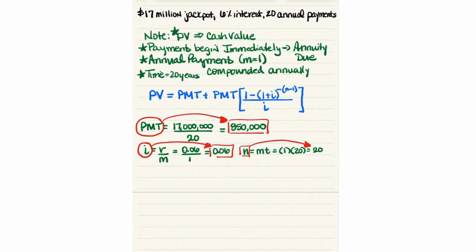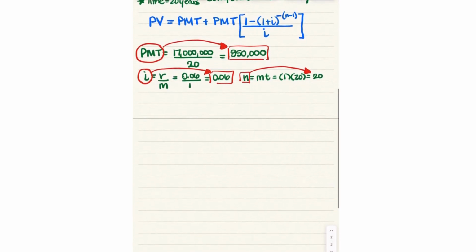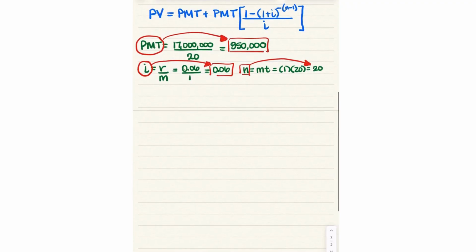So let's plug and chug. Let me scroll this down. We have all our pieces right here. Our present value is equal to 850,000, and I'm just going to fill in the pieces.